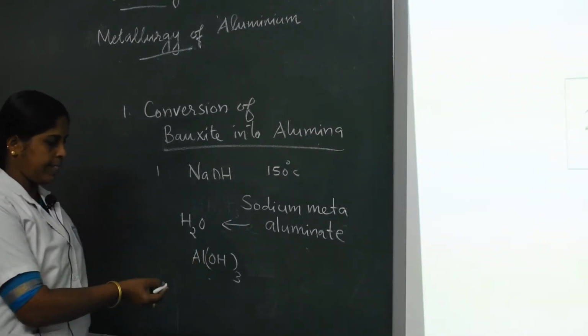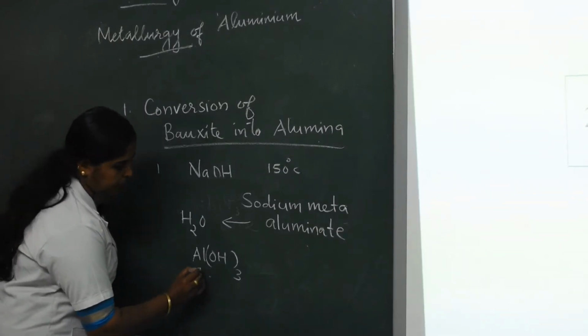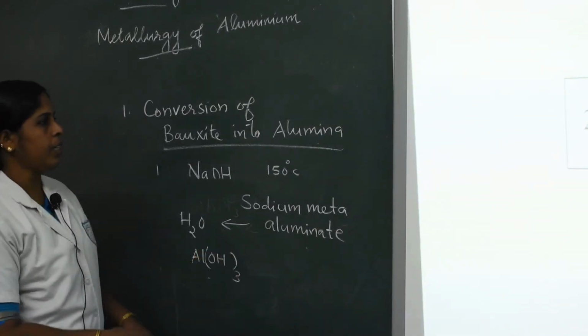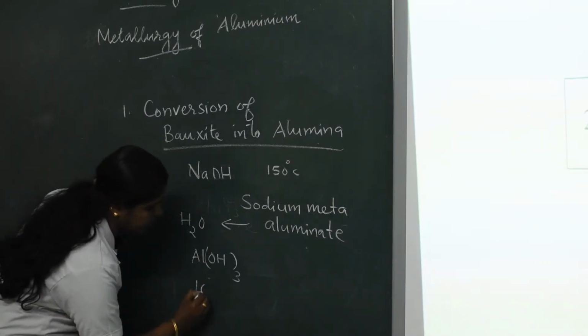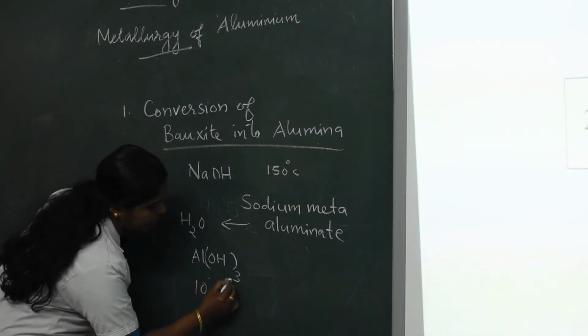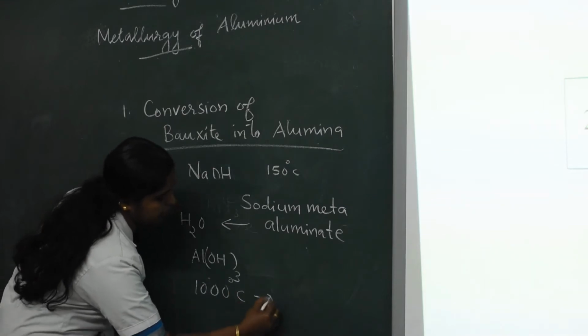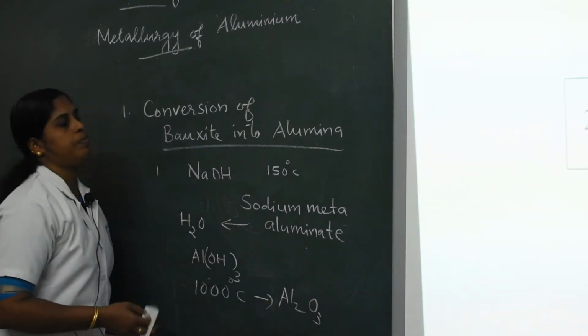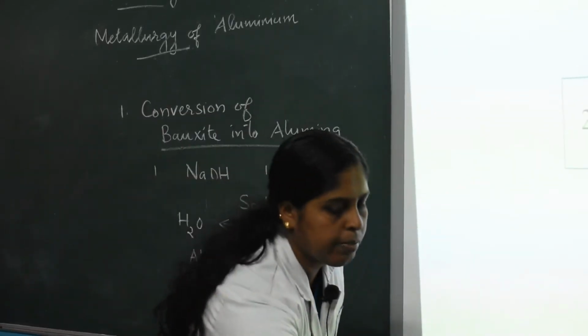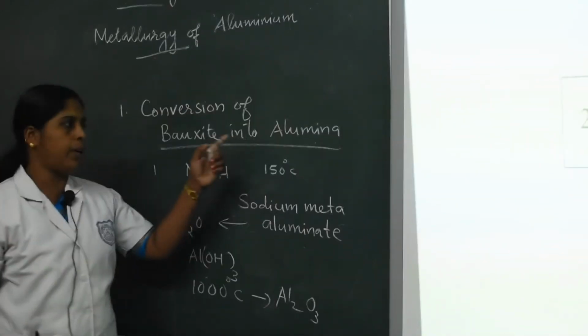Next, heated at 1000 degrees Celsius, we get alumina, Al2O3.